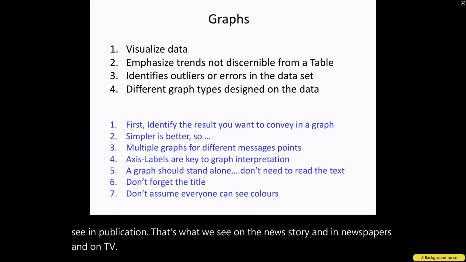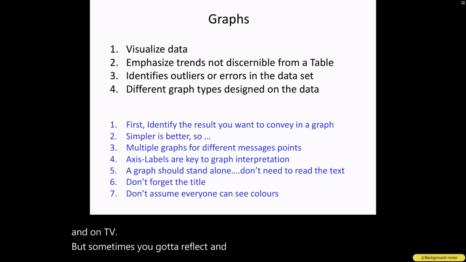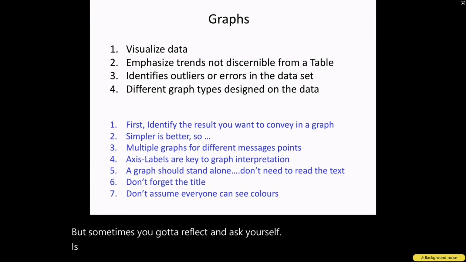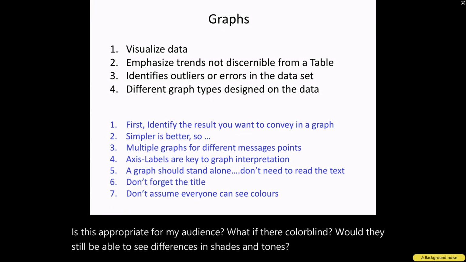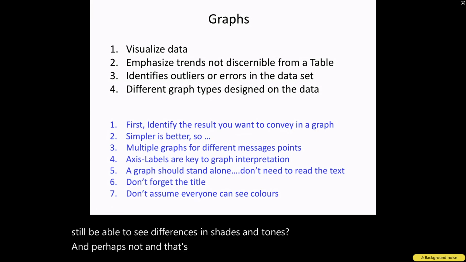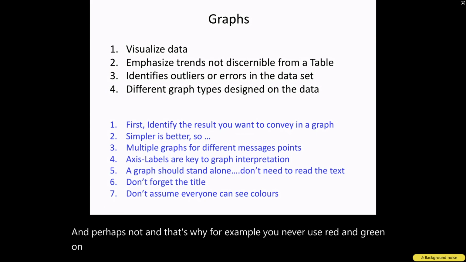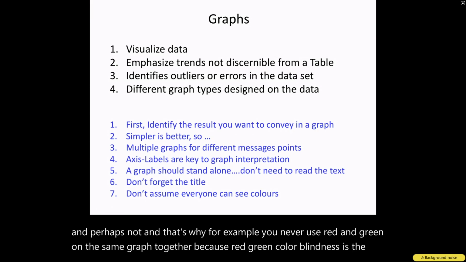But sometimes you got to reflect and ask yourself, is this appropriate for my audience? What if they're colorblind? Would they still be able to see differences in shades and tones? And perhaps not. And that's why, for example, you never use red and green on the same graph together, because red-green color blindness is the most common form of color blindness.